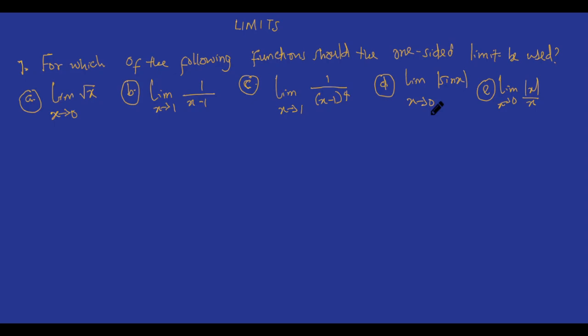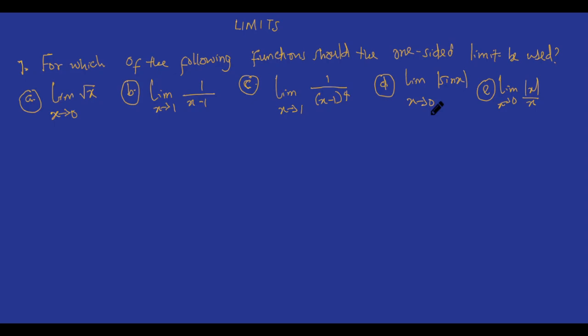But this doesn't mean that the limit as x approaches 1 from the left and the right can't be gotten, because it has values coming from the right and it also has values coming from the left. So we don't have to use the one-sided limit to evaluate the limit in this case.